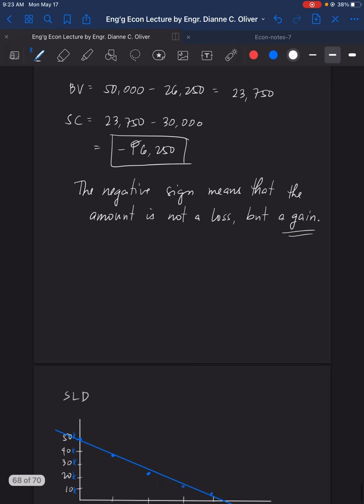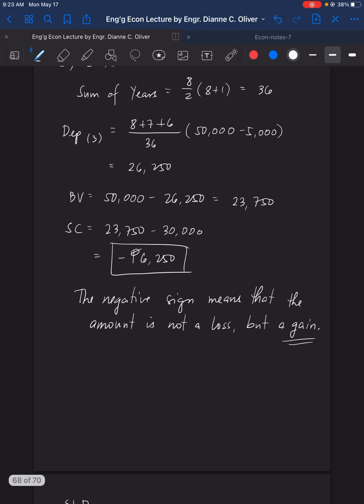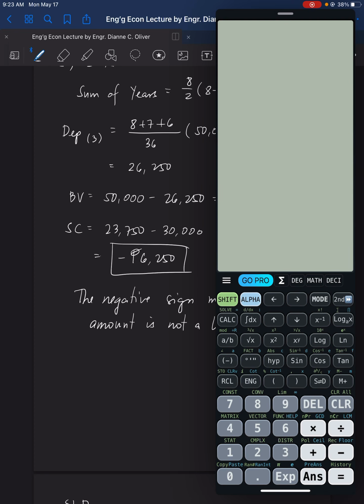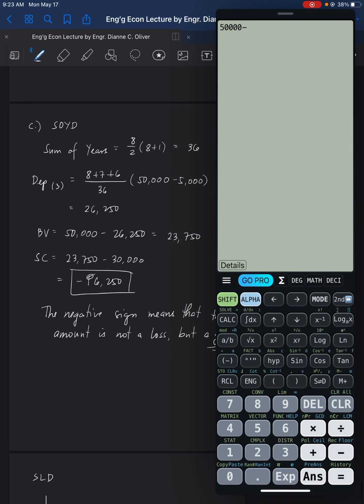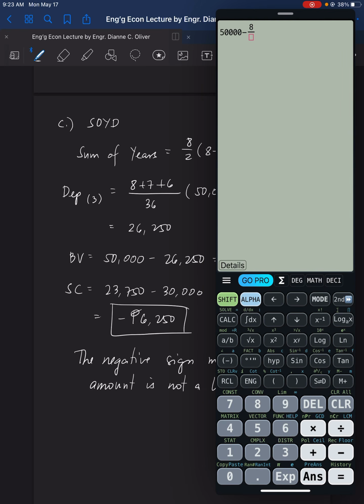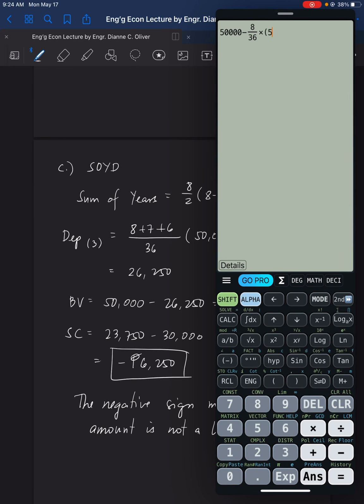So let's find this sum of years digit method. Book value 50,000 pesos minus the depreciation. The first year will be 8 over 36 times the first cost minus the salvage value, so 45,000 minus 5,000, so 40,000.